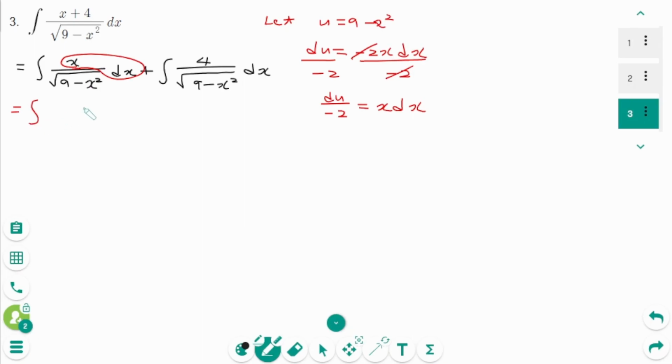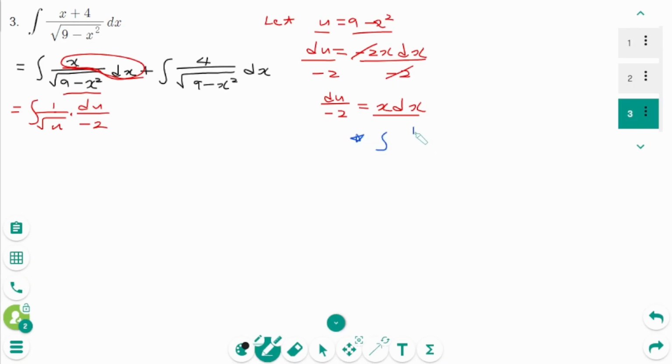So the integral of x dx is du over minus 2, then 1 over the square root of 9 minus x squared is u. I used u while doing u substitution, and I don't need to use another variable now. So I will just use x.